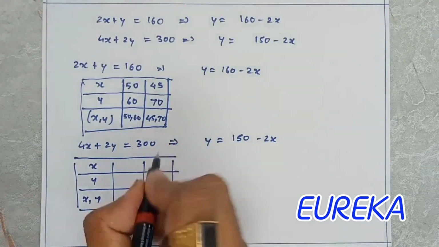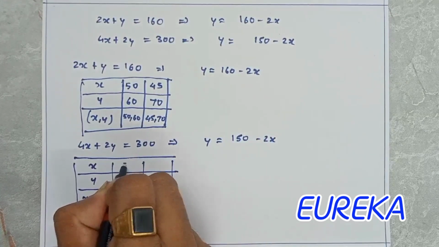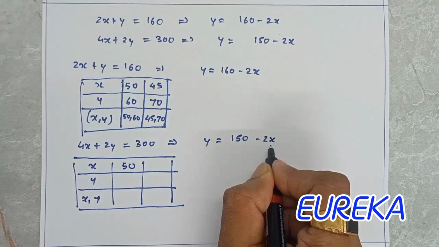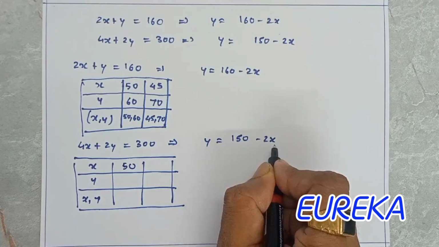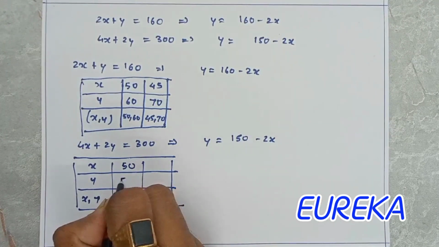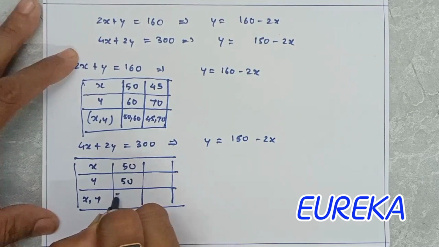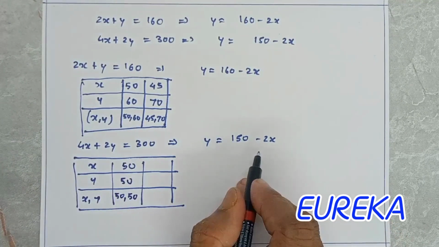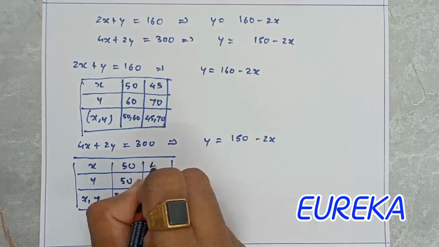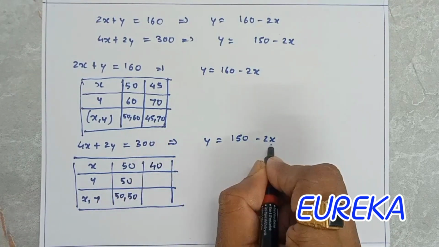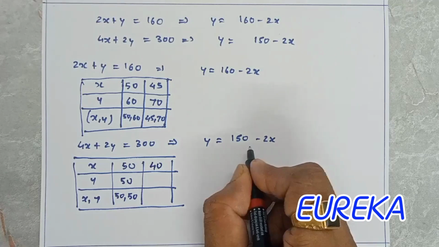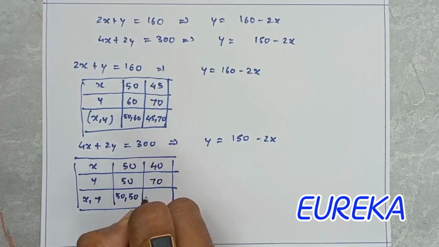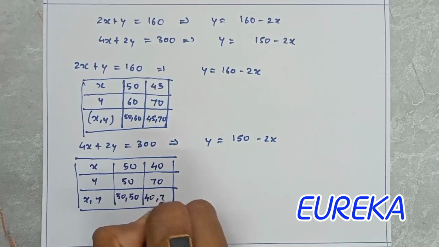If we take x equals 50, 50 into 2 is 100, 150 minus 100 is 50, so y will be 50. The solution set is (50, 50). If I take x equals 40, 40 twos are 80, 150 minus 80 is 70. So the solution set is (40, 70).